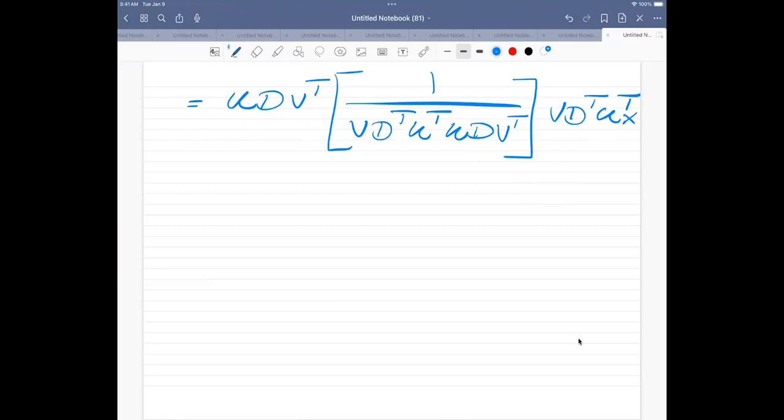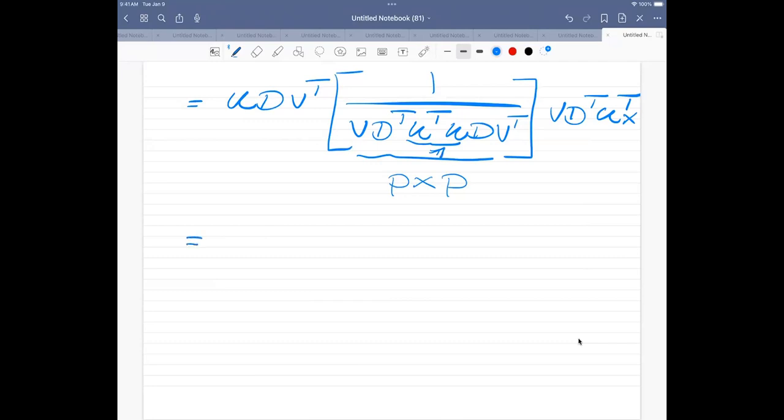Now, if you look at this problem which we have at hand, this final matrix is a matrix of dimensionality P times P. This here is simply given by the identity matrix.